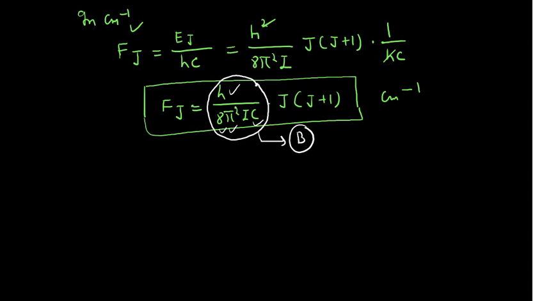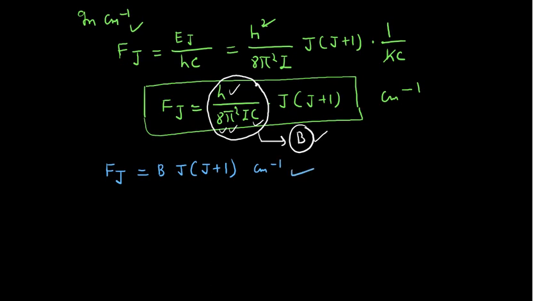So this value of B can be calculated from the microwave spectrum or from the Raman spectrum. And then we can calculate all the things. So simply we can write this equation: the energy in centimeter inverse in the rotational term gives you B J into J plus 1 centimeter inverse. This was the expression.